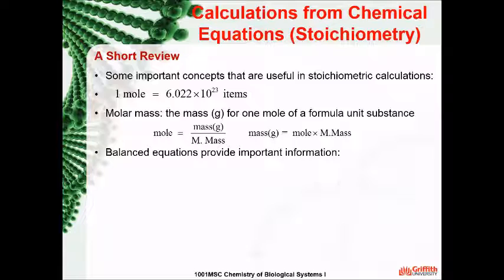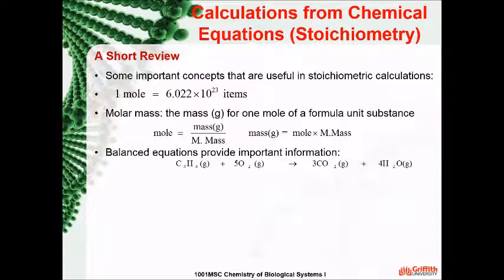In part 1 of this module, we also learned how to balance chemical equations by adding numbers to make the number of elements equal in each side of the chemical reaction. In the following chemical reaction, C3H8 plus 5O2 gives 3CO2 plus 4H2O, we can obtain very important information.